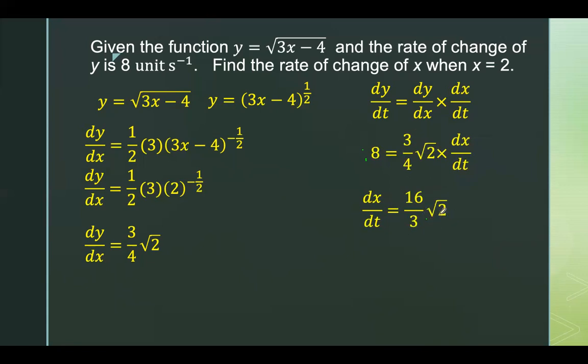Use your calculator, I think you should get 16 over 3 square root 2. Let me check whether it is correct. 4 times 8 is 32 divided by 3 square root 2, and then we multiply by square root 2 over square root 2, so the denominator becomes 2. Then we simplify and we get 16 over 3 square root 2, since the 2 and 2 cancel out.